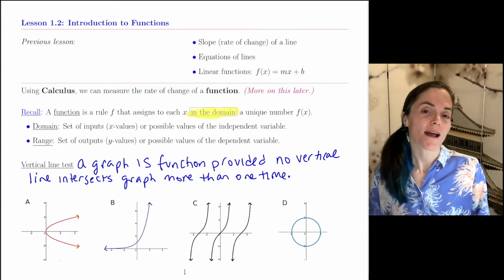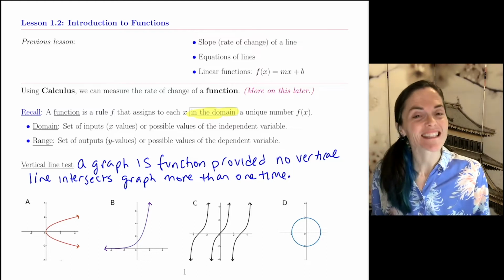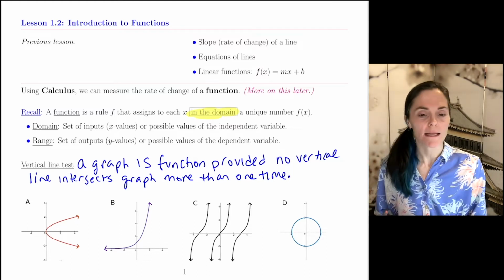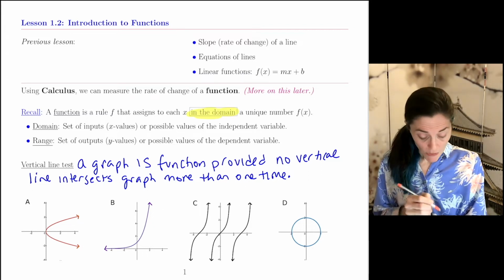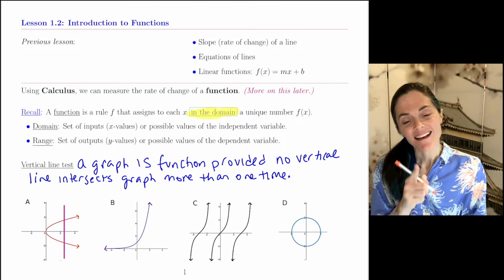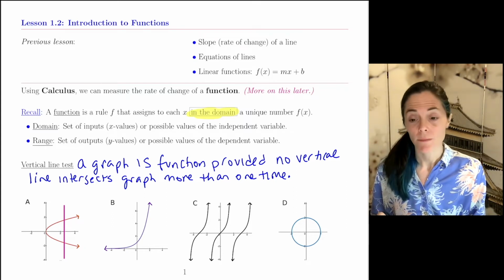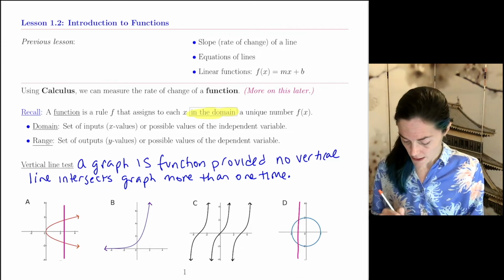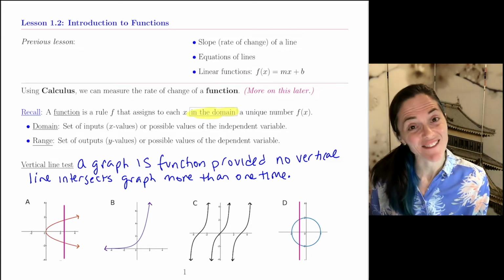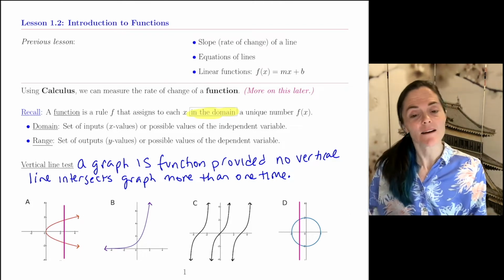Let us look at the graphs here in A, B, C, and D and determine which are functions using the vertical line test. Well, this one, A, is a no, because, for example, this pink vertical line hits the graph 2 times. D also is no, because that vertical line hits the graph 2 times. B and C are wonderful. These are functions.